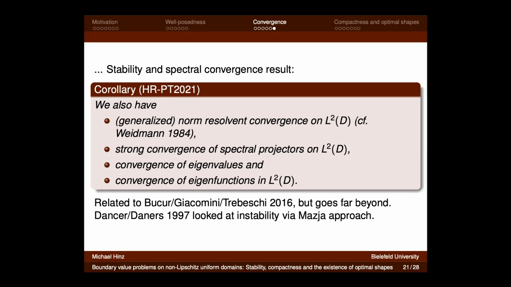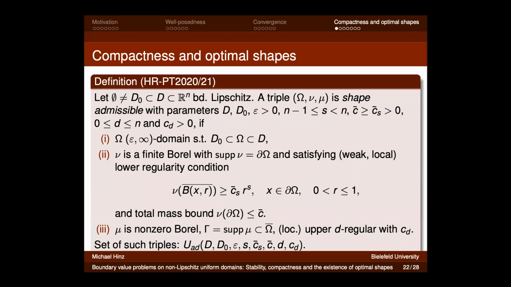But what happens there is they could prove that if you use this type of approach by Maz'ya, then you can have sequences of converging domains and boundary value problems on these convergent domains. But in the target domain, you may get a different boundary value problem. So they can change. And this will not happen for what we do.